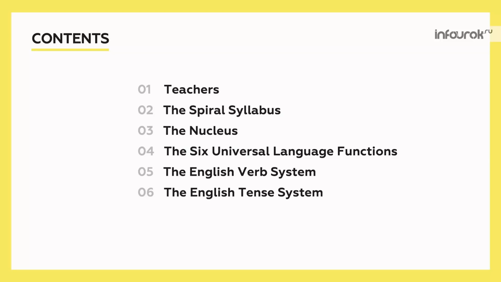The nucleus is the essential part of the language, which forms the starting point of every teacher's program. Then we will look at the 6 universal language functions, after which we will look at the English verb system and finally at the English tense system. So let's have some fun with English.